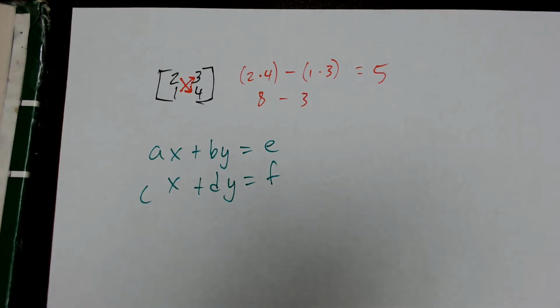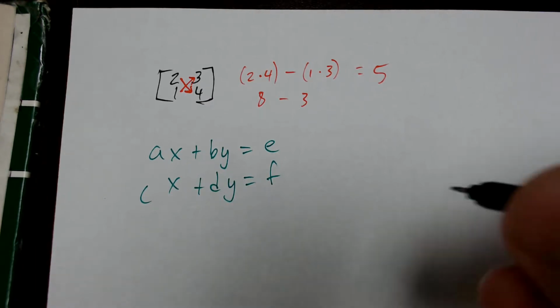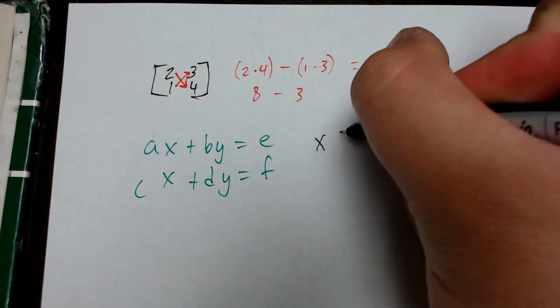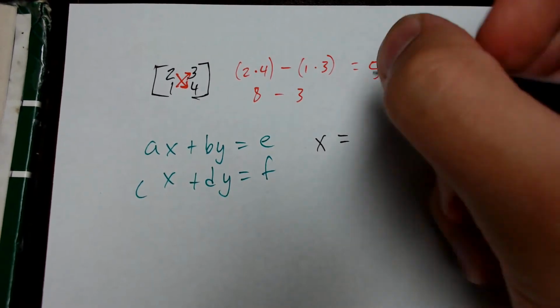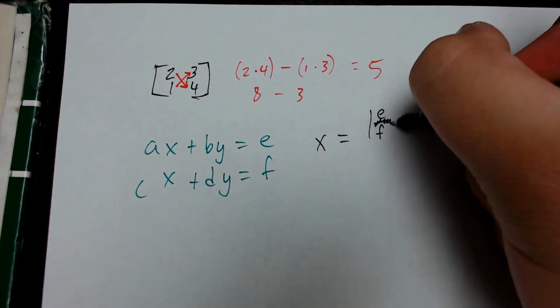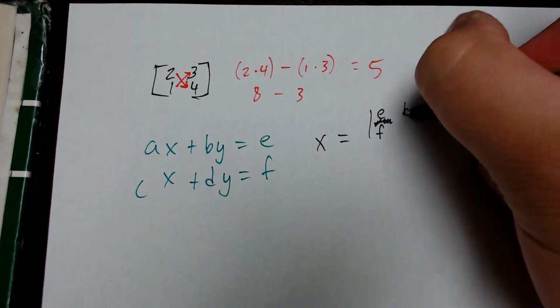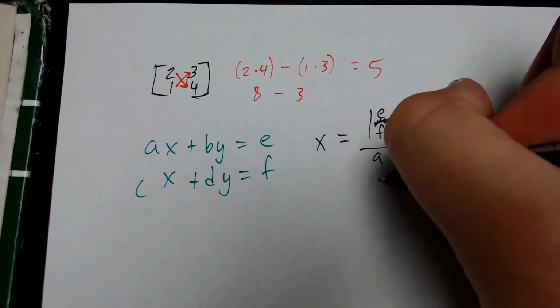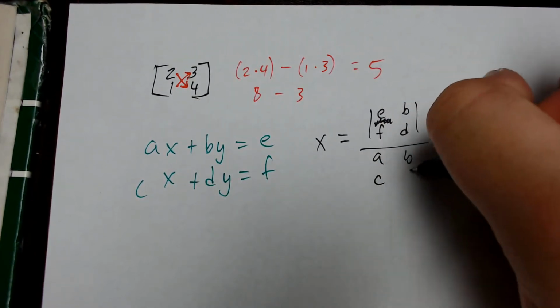We end up with the form for matrix determinants. If we set this up into a matrix, x would equal the matrix of E, F, and B, D, divided by the matrix of A, C, B, D.